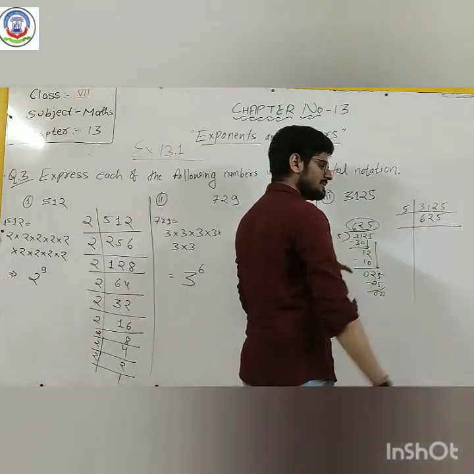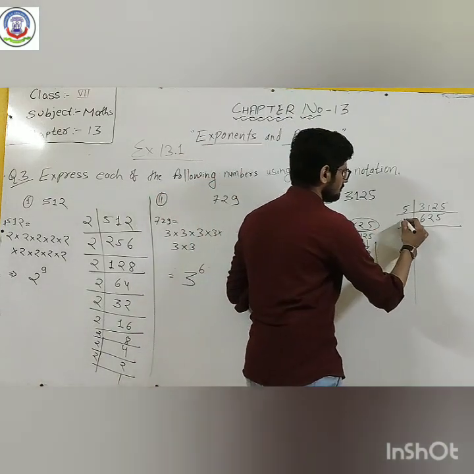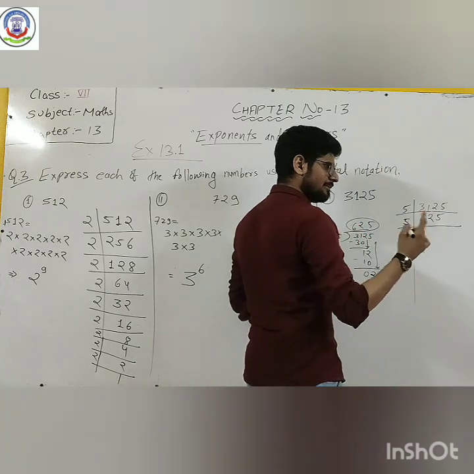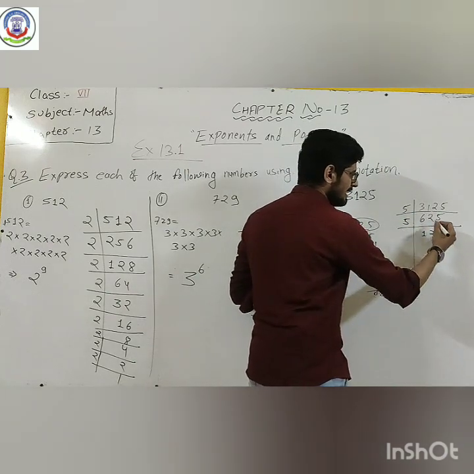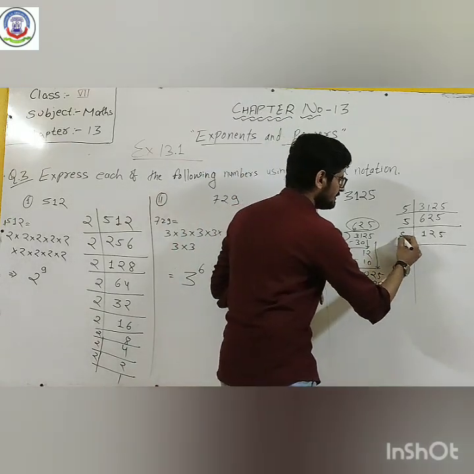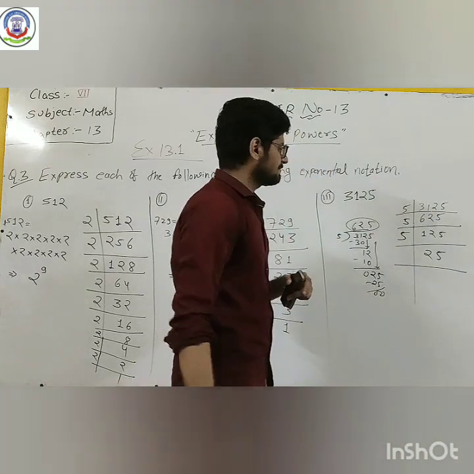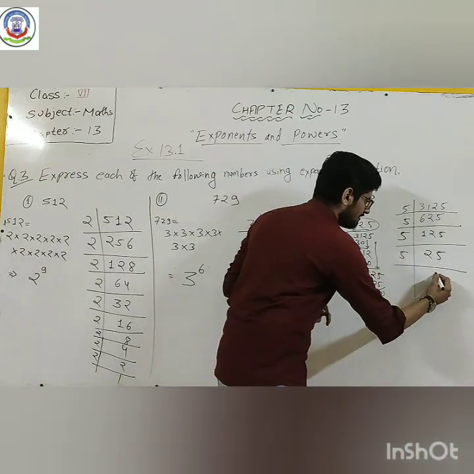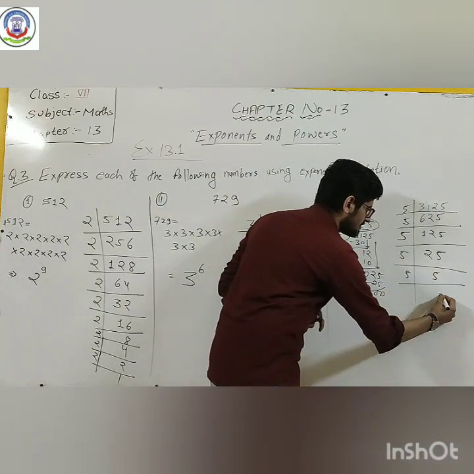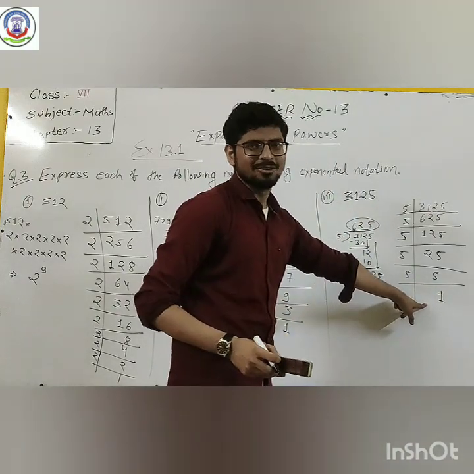Again, its unit place is 5. You can easily divide it by 5. 5 ones are 5, remaining 1, 5 2s are 10, and again 5 5s are 25. Again 5 2s are 10 and 5 5s are 25. Again 5 5s are 25 and 5 1s are 5. You have to stop here when you get 1 over here.